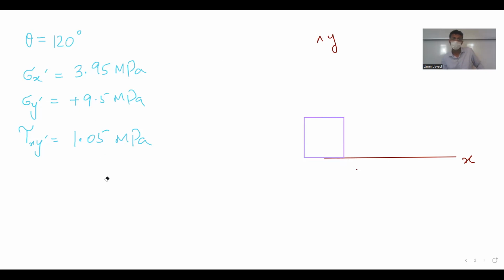Did anyone make it? Okay, this is my y-axis, let's say. Okay, the students who have already made it, let's see if they are getting the same thing as me.